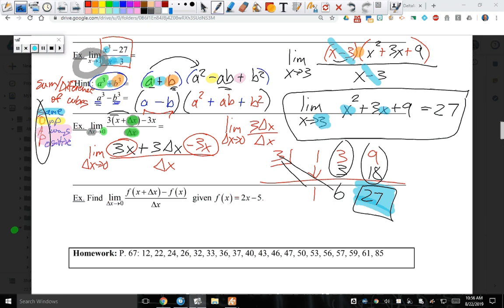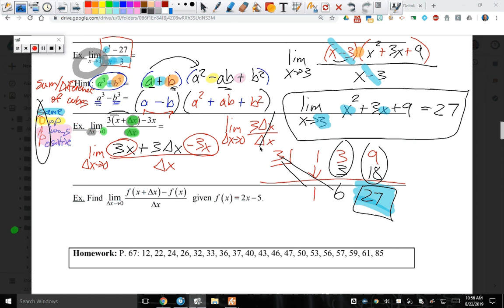All right, so I'm left with 3 delta x over delta x as delta x is approaching 0. What do we always want to do before we throw in that limit value? Simplify. Simplify your life before moving forward. Simplify these equations before you continue forward. Can I cancel these? Yes, because it's a form of 1 and it's multiplication.